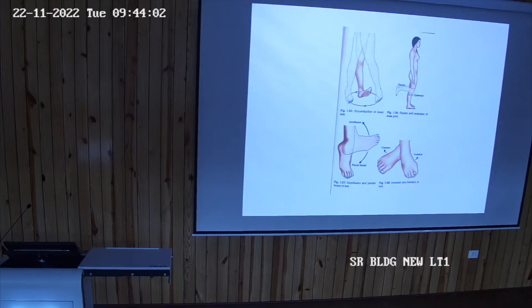And in the feet, the dorsal surface is the upper one, and the surface of the feet which is touching the ground is called the plantar surface. So the plantar surface of the foot is the surface which is touching the ground.